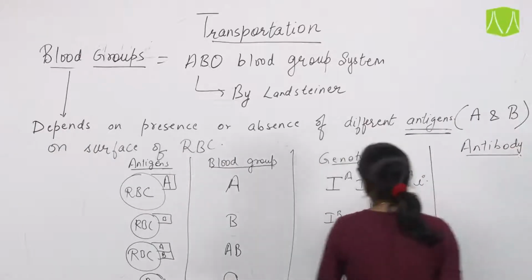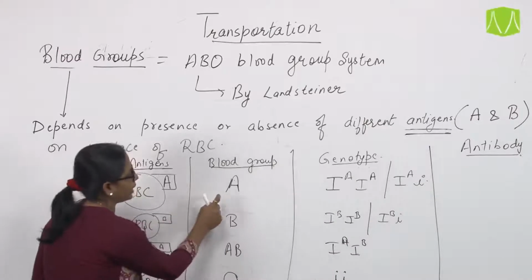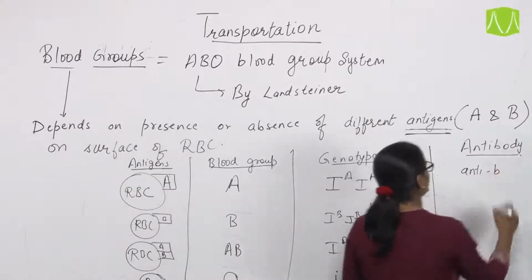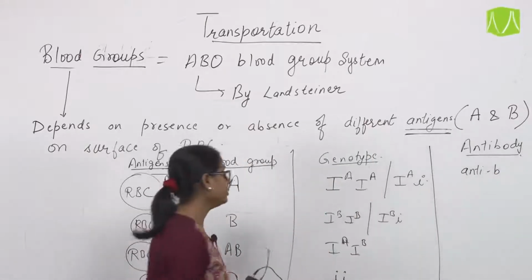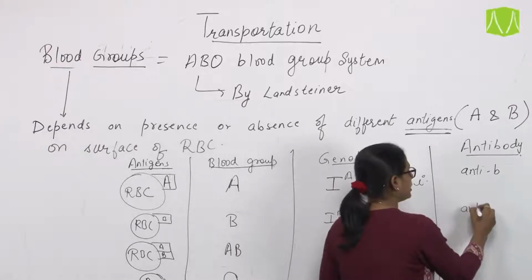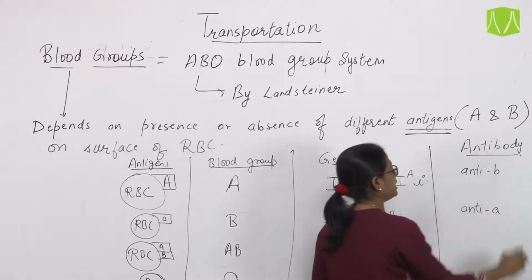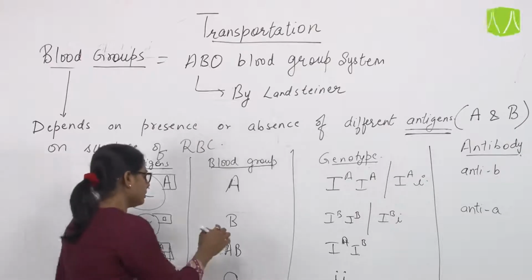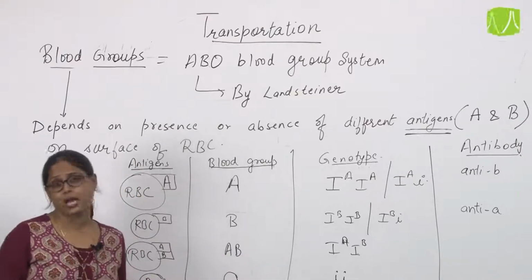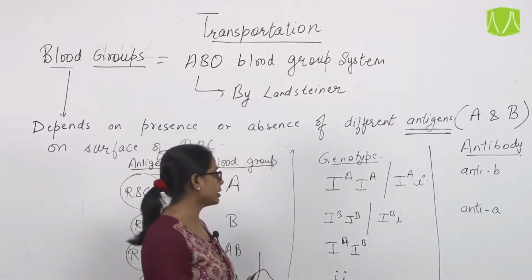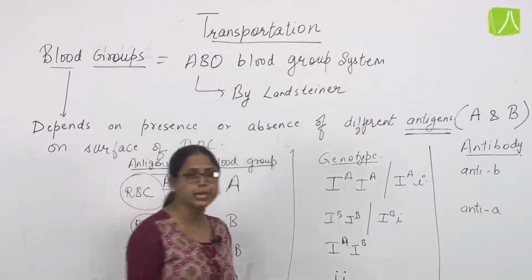So regarding antibodies present, in case of A blood group, anti-A is absent but anti-B is present. In B blood group, anti-B is absent but antibody A, against A antigen, is present. Since in AB blood group both antigens are present, the person should not contain any antibody.